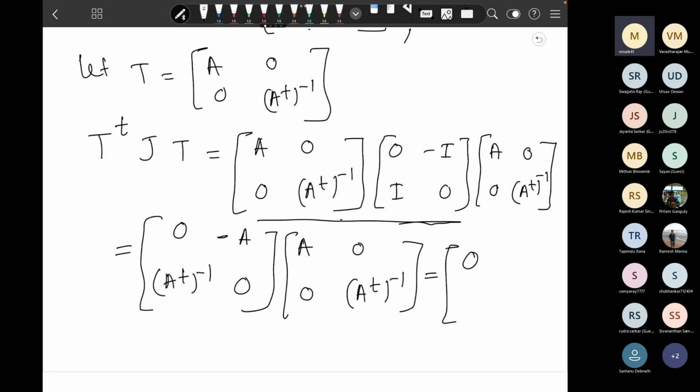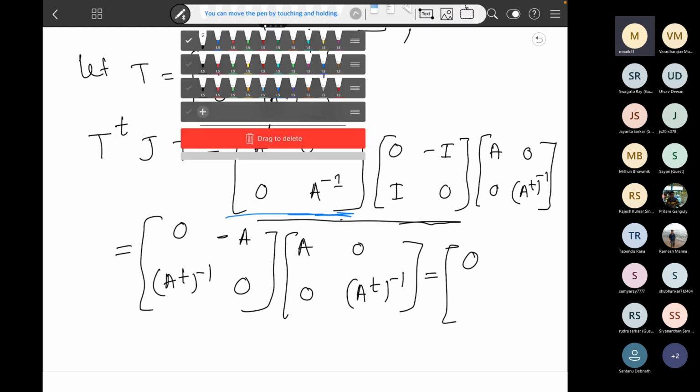Yeah, I did a wrong thing. Actually, I have put the wrong thing. I have to write T transpose, so this will be A transpose, and when we take the transpose, this will be A inverse.